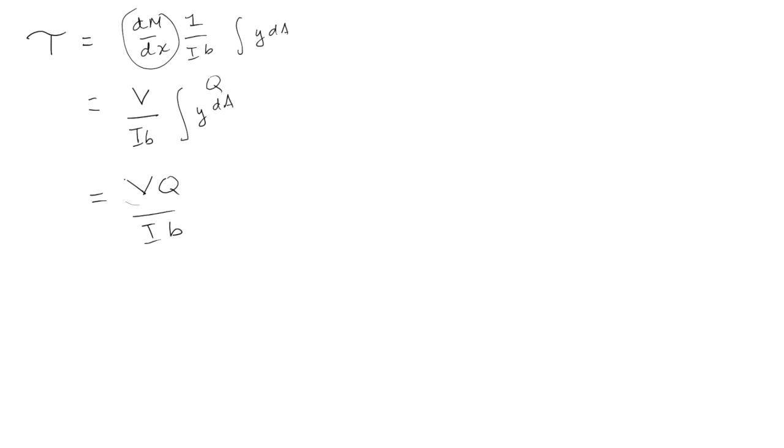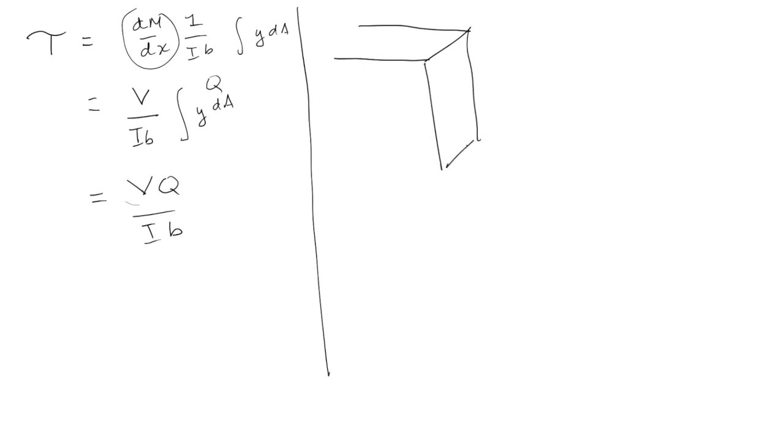Let's solidify this idea of Q a little bit more. Let's say we have a beam. Here's the cross section. Here's the neutral axis, and here's our y1. We want to measure the stress along this line here.